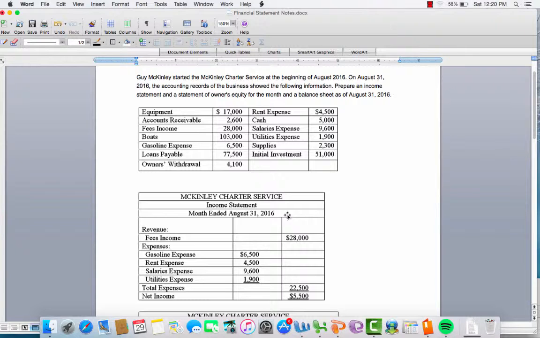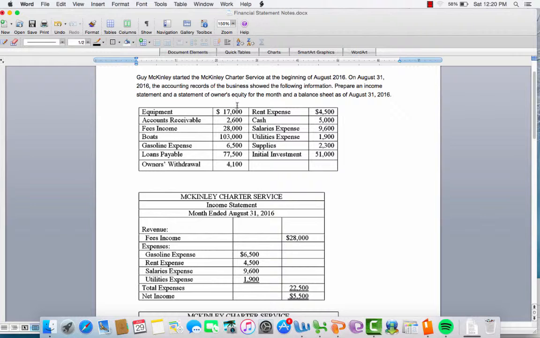So what we want to do to prepare this income statement is go back and look at these individual accounts. We want to really specify accounts that have to do with revenue coming into our company and expenses going out. So first thing, we put revenue up here whenever we do our income statement, and we're going to look at the specific type of revenue coming into this company.